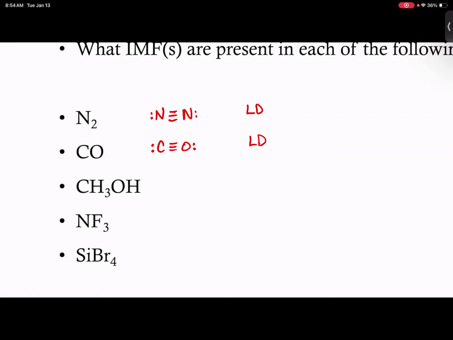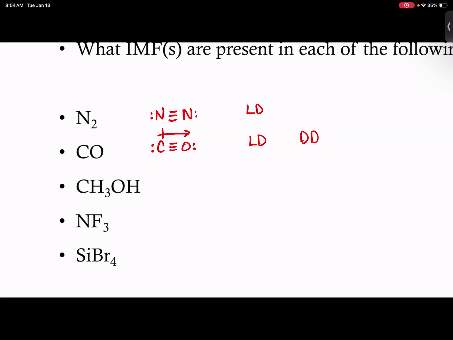It's polar, because the oxygen has a higher electronegativity. Therefore, it also will have dipole-dipole forces. Now, polar molecules will have dipole-dipole, but they also can, if they have the right bonds, have hydrogen bonding. Does this one have the right bonds? No. So that is all it's going to have, London dispersion and dipole-dipole.